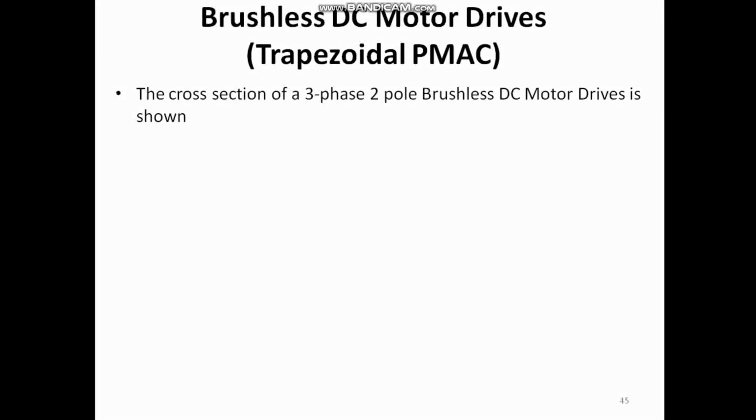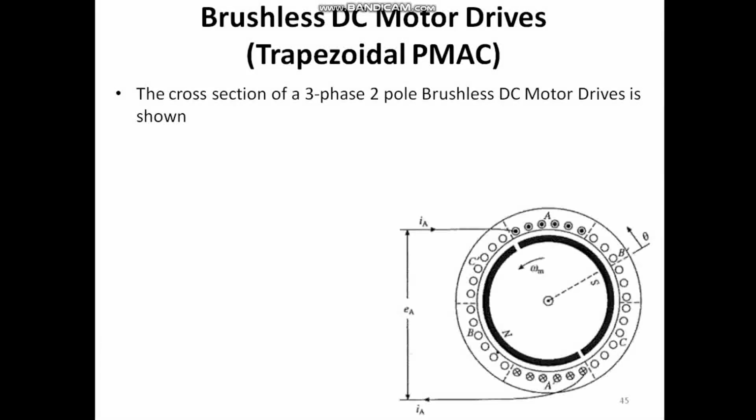The cross section of a 3-phase 2-pole brushless DC motor drive is shown here. This is how the cross section looks. It has a permanent magnet rotor with wide pole area. Here I have a permanent magnet. This is my permanent magnet, one is the north pole and this is the second permanent magnet, which is my south pole.